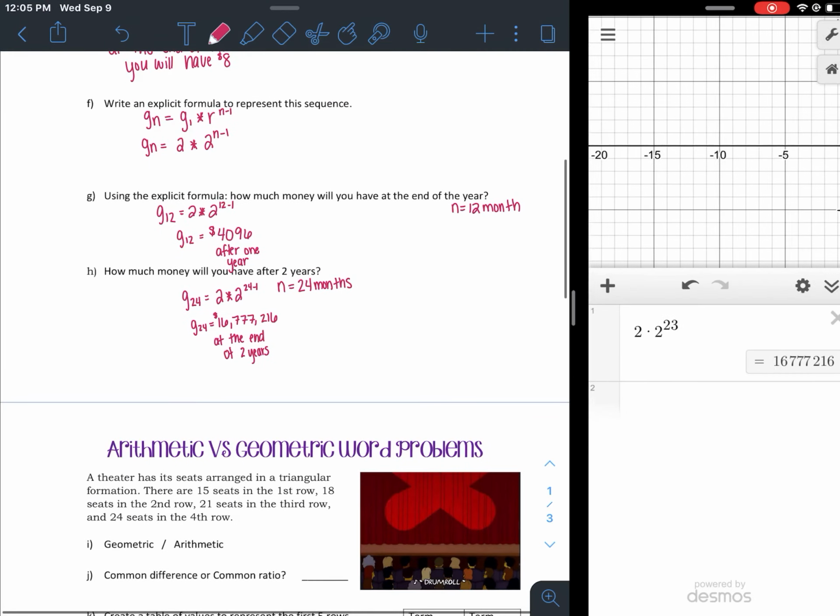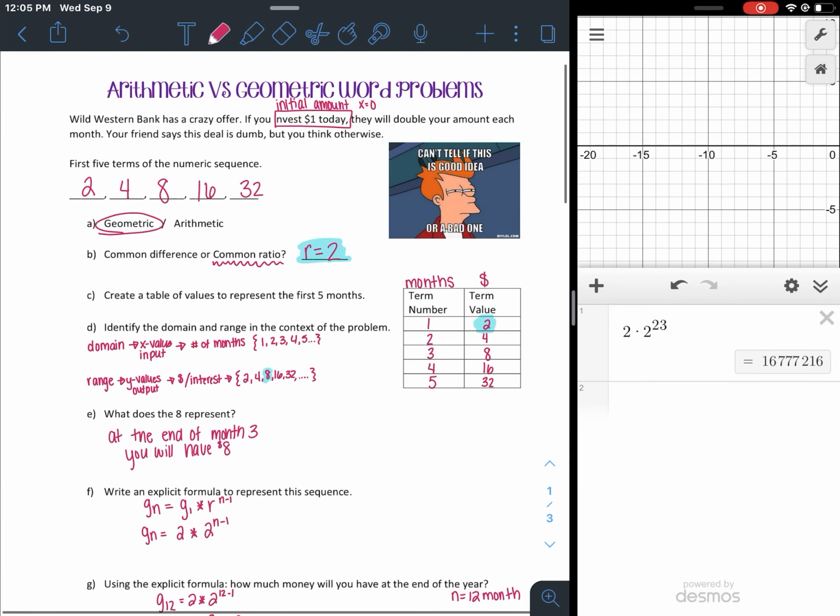So this crazy deal that your friend said was dumb turned out to be a pretty good deal in the long run. Yes, for the first 5 months, you're not really seeing too much bang for your buck. I mean, $1 to $32 after 5 months. Yes, it's great, but it's still a pretty low amount of money.